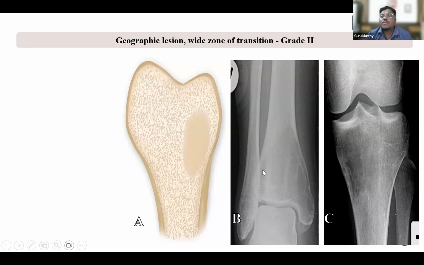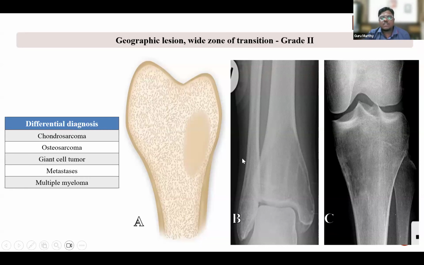This suggests an intermediate to aggressive kind of lesion, which has a chance of malignancy of nearly 50%. So we should be careful about this kind of lesion where there is a geographic large lytic area but the zone of transition is wide. Always suspect a locally aggressive neoplasm.